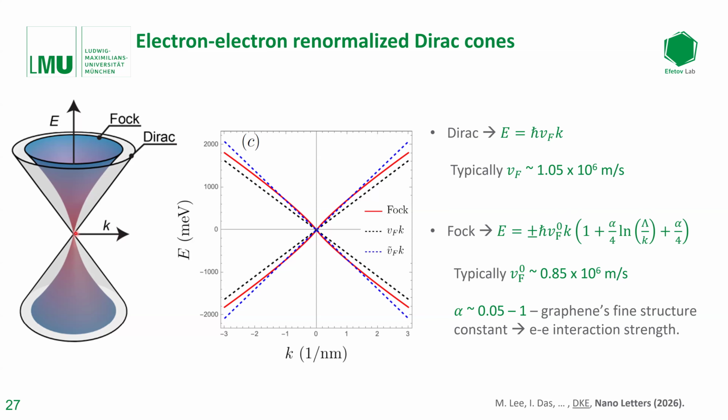The key idea here is that at the charge neutrality point, the electron population in graphene is so scarce that each electron is separated by hundreds of nanometers, if not microns, and the electrons do not screen each other efficiently. Therefore, at the charge neutrality point, the Fermi velocity is actually enhanced.